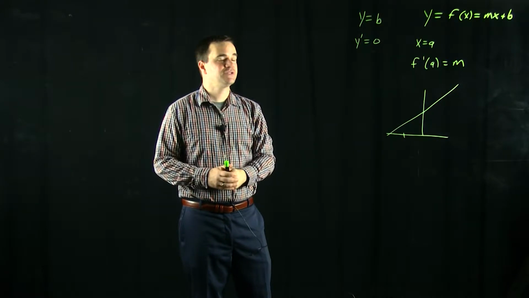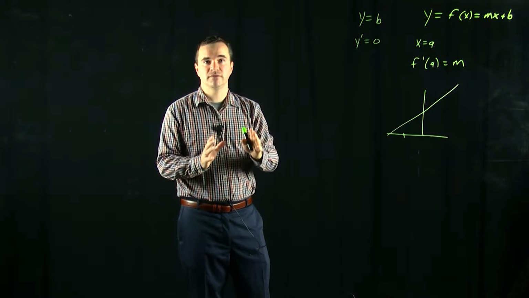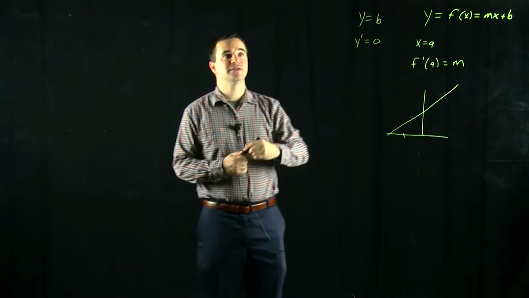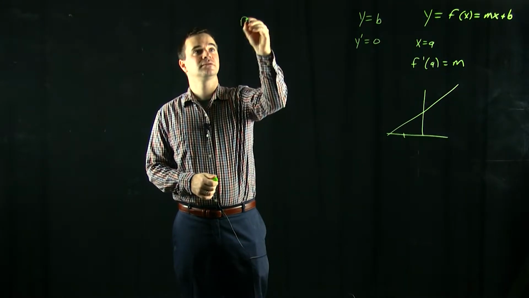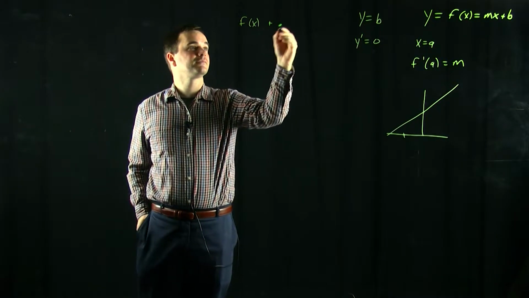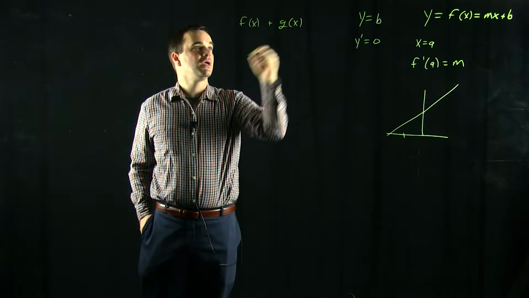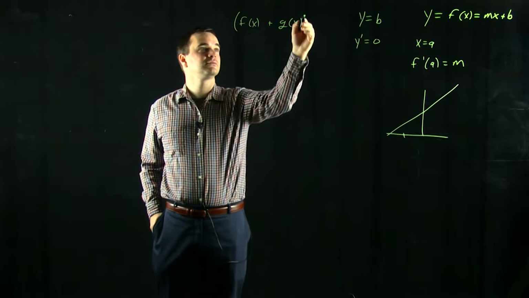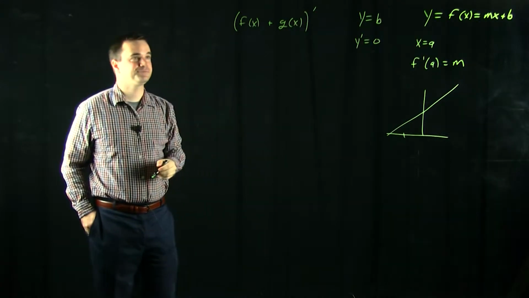The next thing I want to show you is how do you take the derivative of a sum of two functions. So say that you had two functions, f and g, and you add them together, and you want to take the derivative.